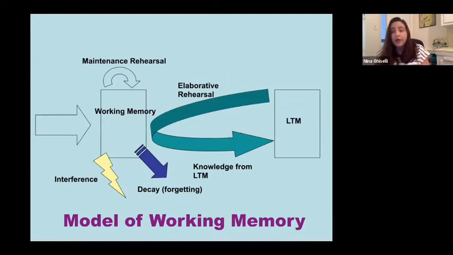Also, another way of getting it into long-term memory is knowledge from what you already know. So connecting something in your long-term memory with the information in the working memory that you're trying to put into long-term.